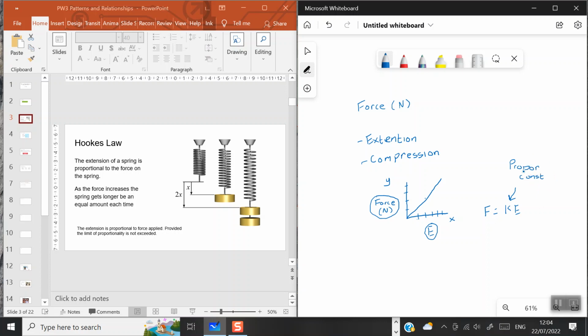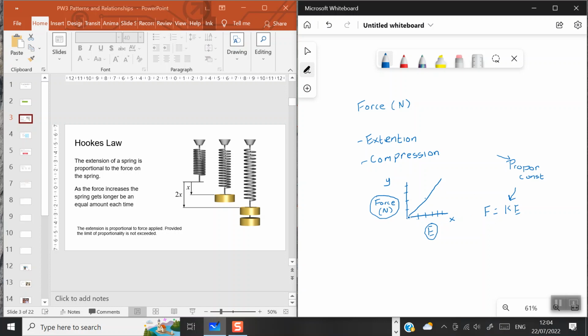Different springs will have different proportionality constants. It depends on, for example, how much force they can take and how much they can extend. This is what's known as a proportionality constant, and it is unique to each individual spring. So this might be the pattern that you see with one spring with a particular proportionality constant.